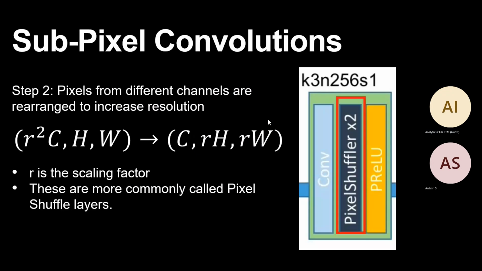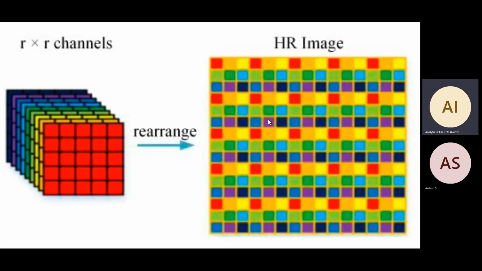Each pixel in our initial image has been scaled up R times in height and width. To get those R square pixels, you take this red pixel and put it in the first place of each of the pixels. Then you take these orange pixels and put them as the second. Then you take the yellow and put it as the third. Are you able to see that in the image? Yeah.